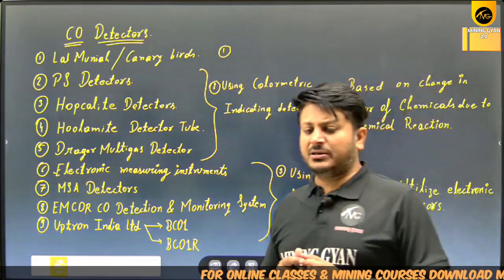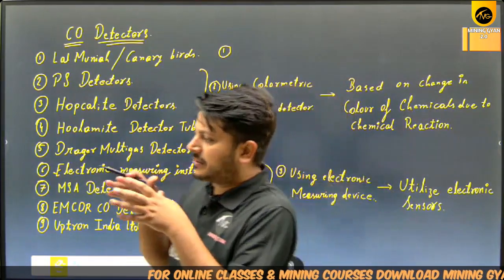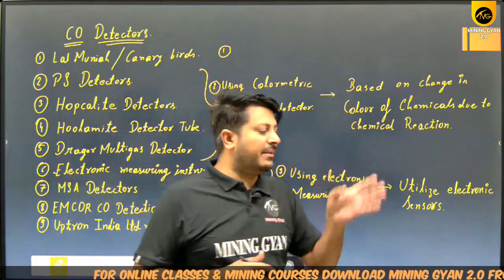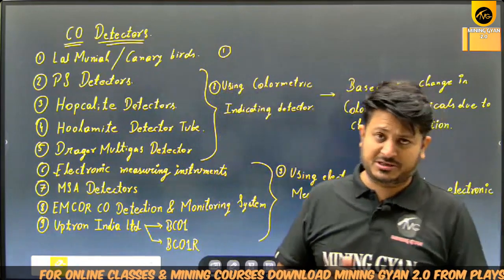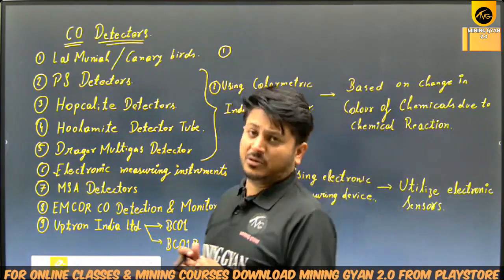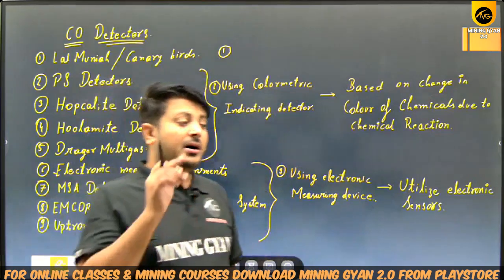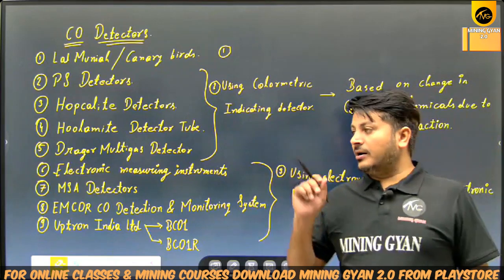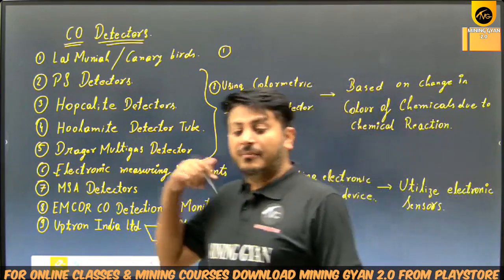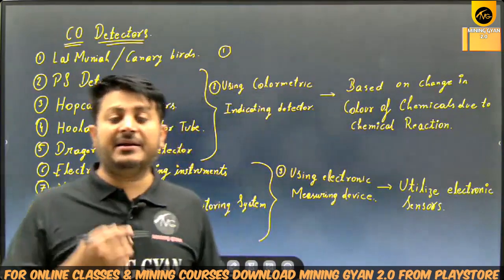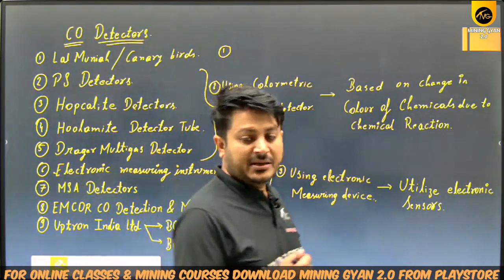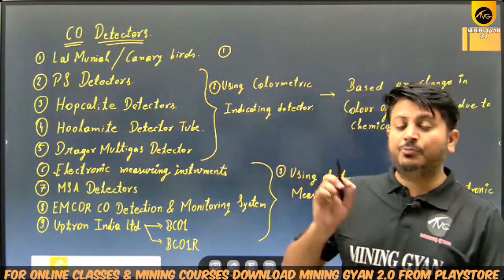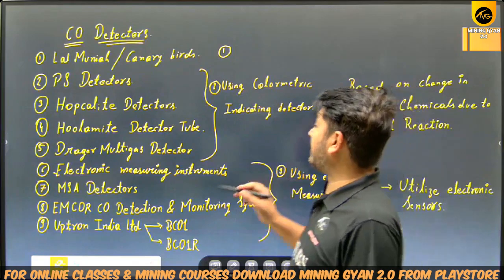If we talk about a person or a man who is resting, who is in rest position, then at that time also a munia bird at rest is about 6 to 10 times more sensitive than a man at rest. Okay, they are sensitive to 0.18% carbon monoxide.